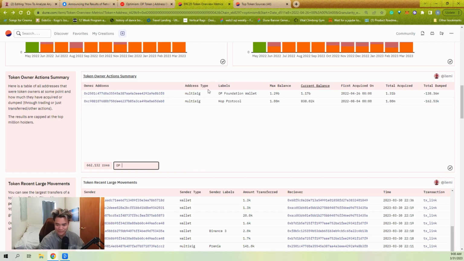I think this is the only one that's labeled, but there's 1.17 billion Optimism tokens in here. And a fun little tidbit, this has 662,000 rows, because this query tracks everyone who's ever owned the token. I can quickly look here and say, okay, there's been 662,132 holders of OP tokens at some point in time.